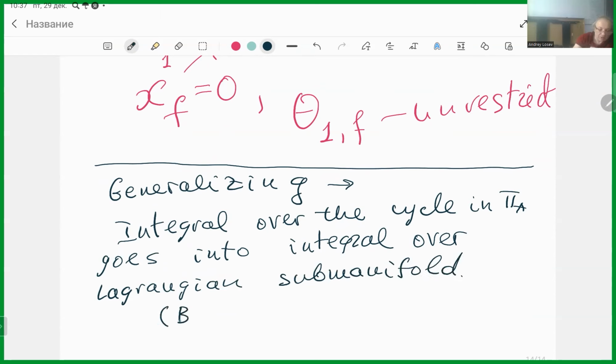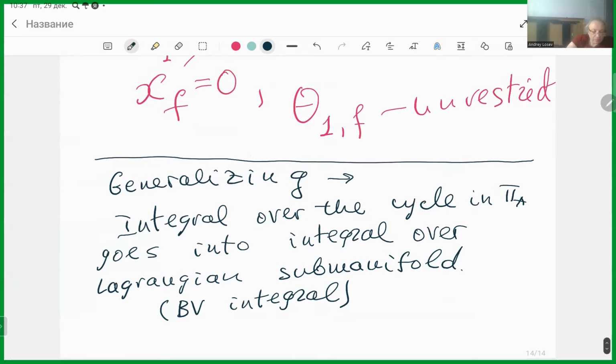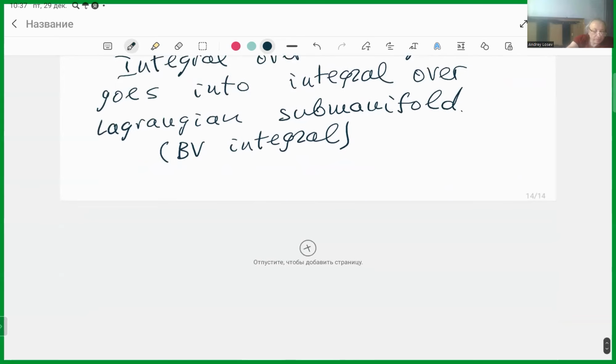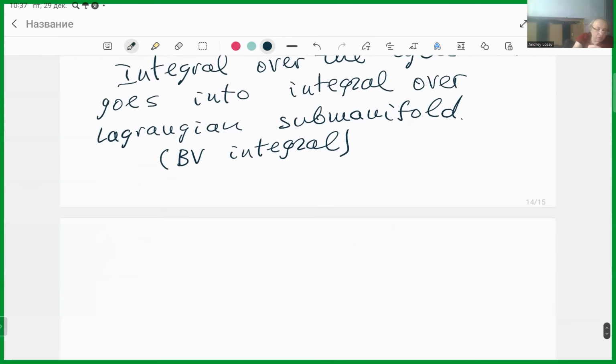And this is called BV integral. So altogether, this goes into an integral over the Lagrangian submanifold.